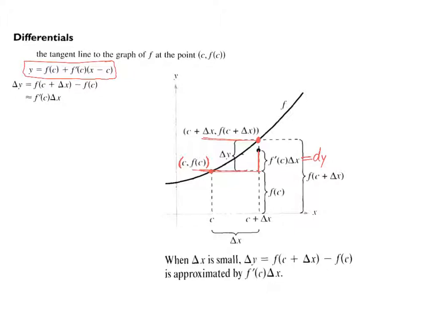So notice we have a delta y, that's the whole distance from where we're at to the actual value. The dy is the distance from what we have to the approximated value. The approximated value is on the tangent. So here's that tangent line.